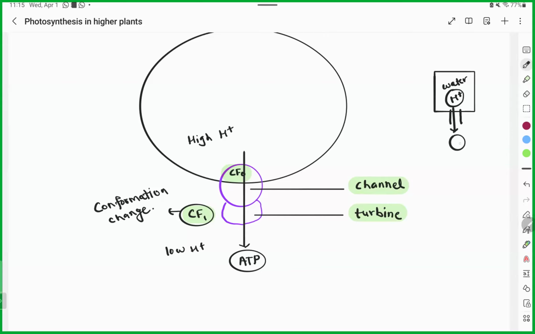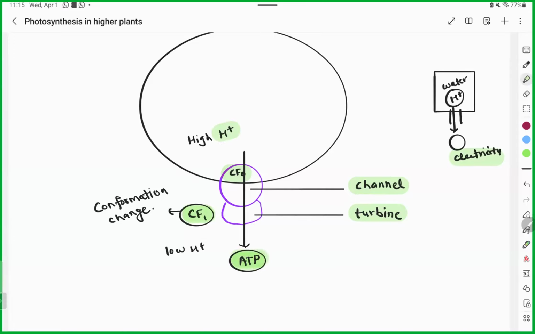The turbine will rotate and produce electricity. Same way, when H positive passes through this, first it will rotate the turbine CF1, and it will be responsible for ATP formation.